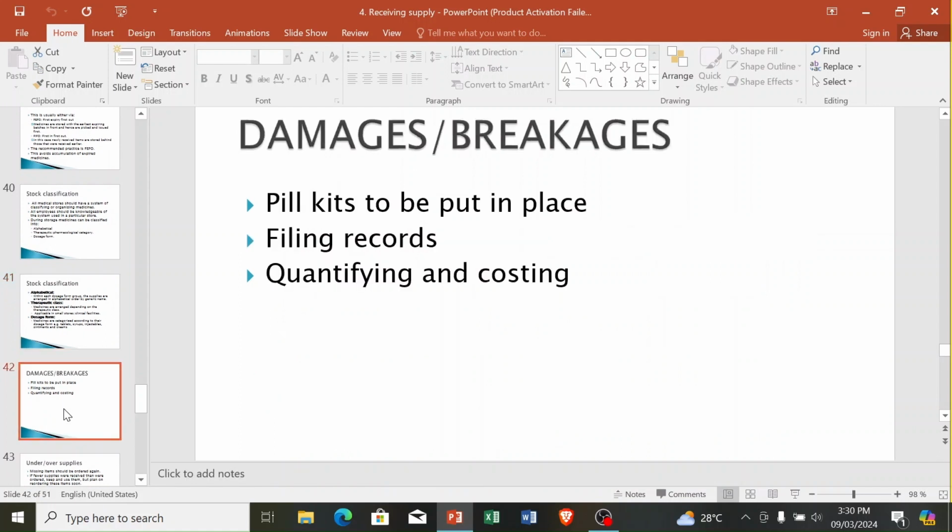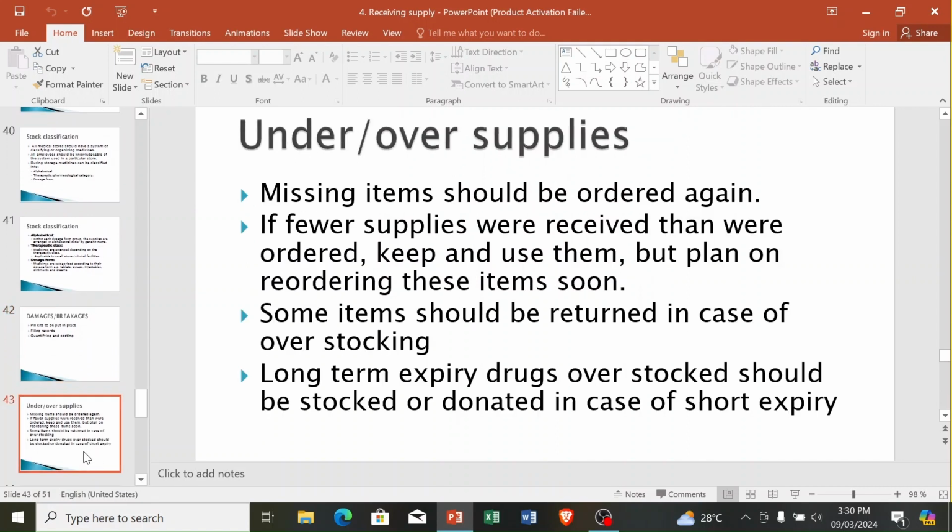Damages and breakages, pill kits to be put in place, and then filling records, quantifying and costing should be done. For breakages, in case we have breakages, over and under supplies, missing items should be ordered again. If fewer supplies were received than were ordered, keep and use them, but plan on reordering these items soon.